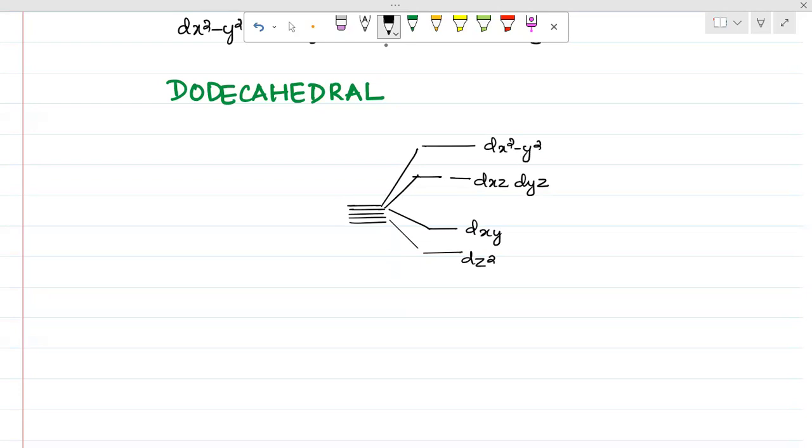Okay, this is how it is. Please be careful while you write these structures.